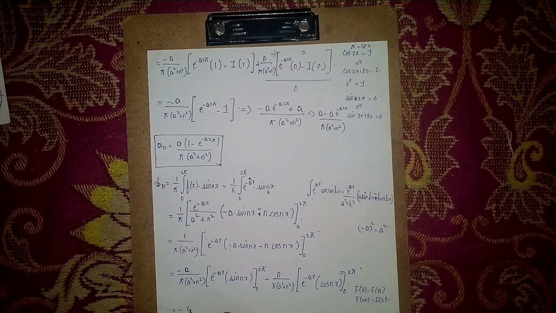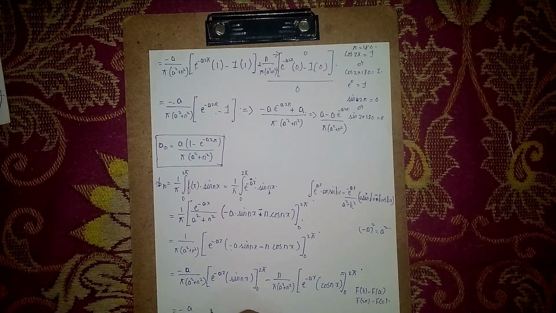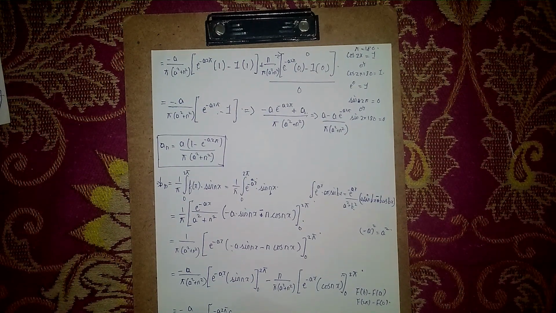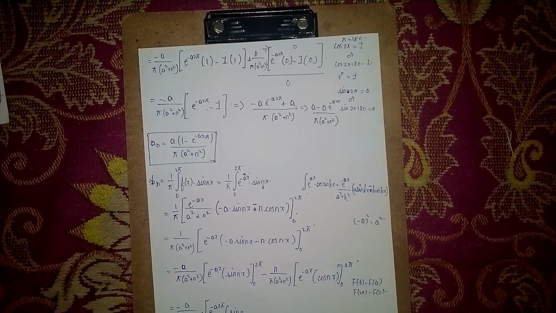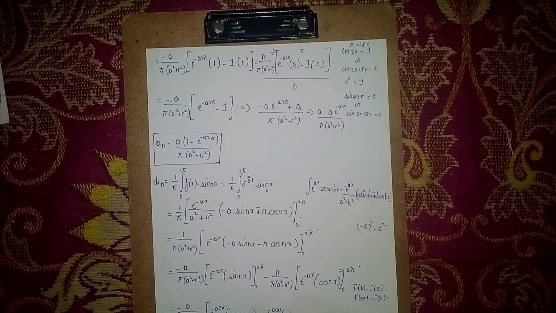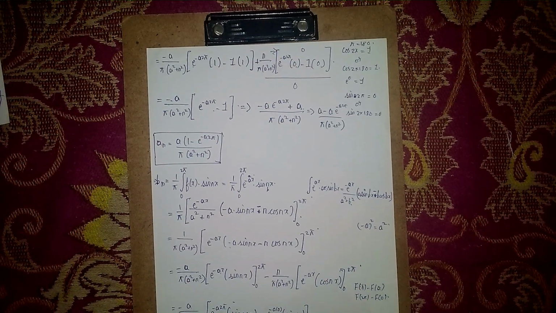Now simply apply: minus a by pi into a square plus n square, then e power minus a, instead of x first substitute 2 pi, into sin n 2 pi, then close, then minus of e power minus a into 0, then sin n into 0, then close the bracket. Separately we have to apply F(b) minus F(a). This is F(b), this is F(a).